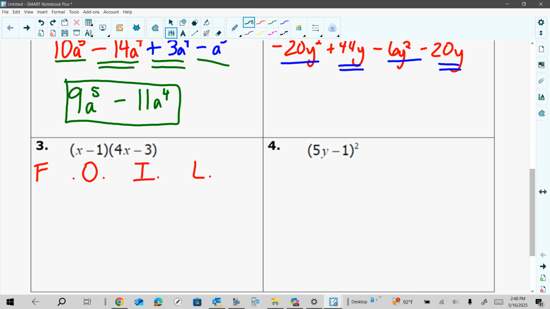If I look at my first terms, the first terms in the parentheses is the x times the 4x. So this is going to give me 4x squared.